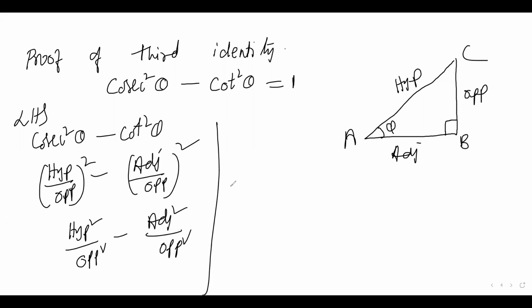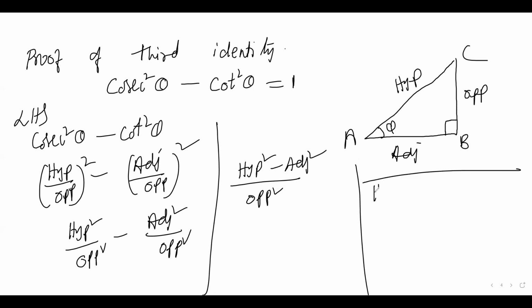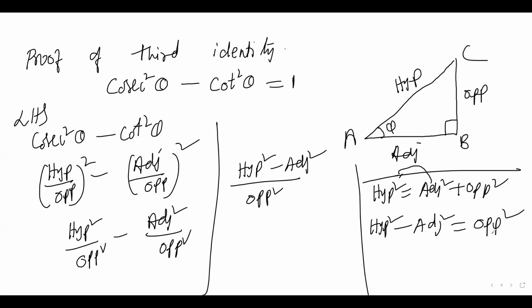What is LCM? Hypotenuse square minus adjacent square. According to Pythagoras theorem, we know that hypotenuse square is equal to adjacent square plus opposite square. On transposing adjacent to the left hand side, we get hypotenuse square minus adjacent square is equal to opposite square.